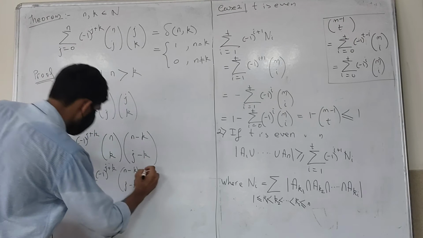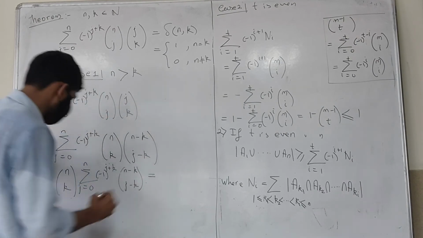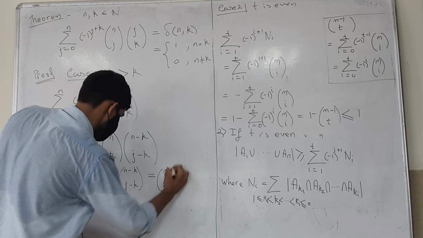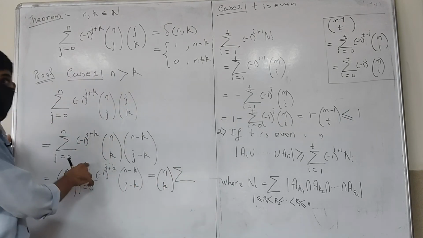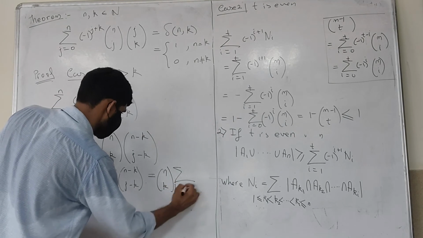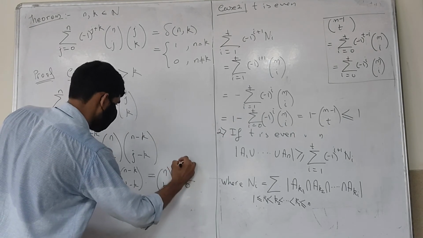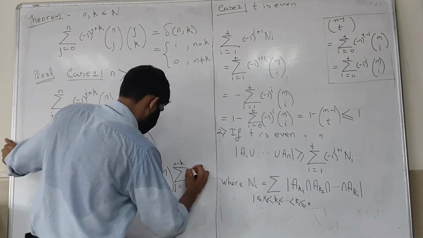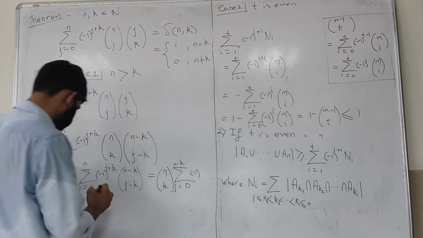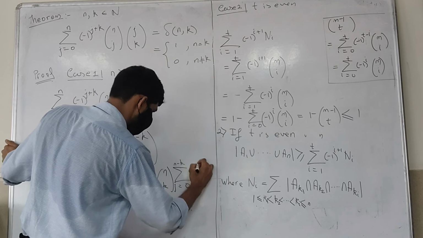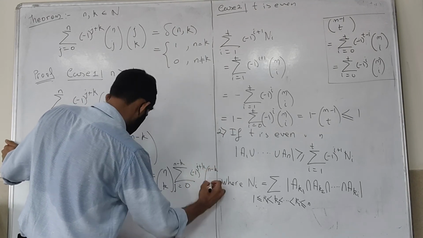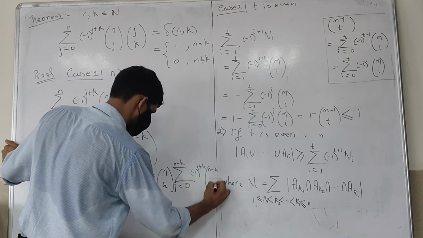So this would be nCk, you did not go up to n, you can go up to n minus k. So that is j equals 0 to n minus k, minus 1 raised to, just for the sake of it, j plus k, n minus k choose j minus k.